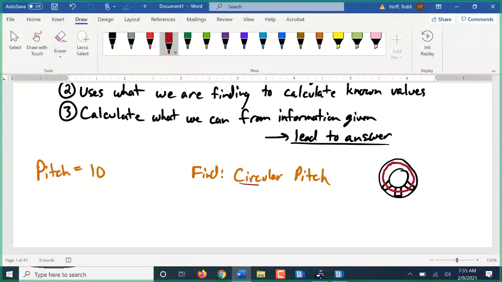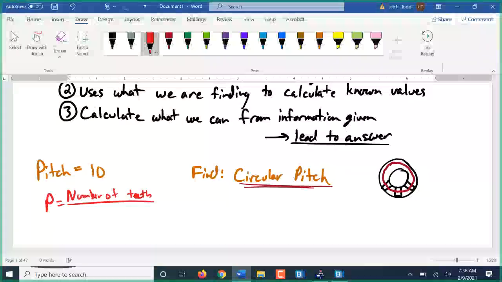The pitch itself is a ratio. It describes the distance between teeth. The pitch itself is the number of teeth divided by that pitch diameter.